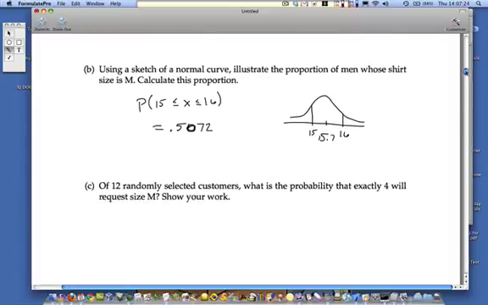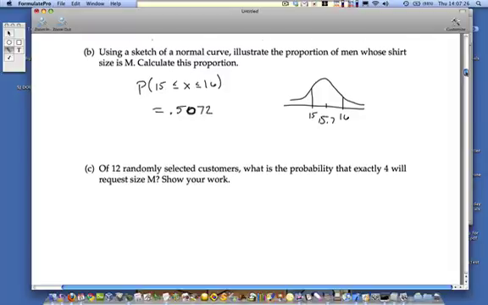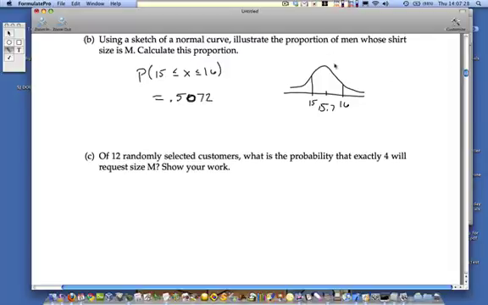Okay, now, part 3, and you might very likely find a problem like this. The first 2 were normal. The last one is a binomial situation. We're going to pick 12 random people. What's the probability that exactly 4 of them will have size medium or request size medium? So basically, a medium is the success.